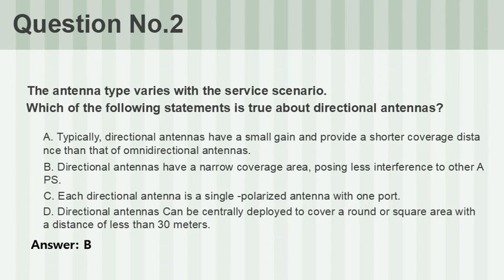B. Directional antennas have a narrow coverage area, posing less interference to other APs. C. Each directional antenna is a single polarized antenna with one port. D. Directional antennas can be centrally deployed to cover a round or square area with a distance of less than 30 meters. Answer: B.